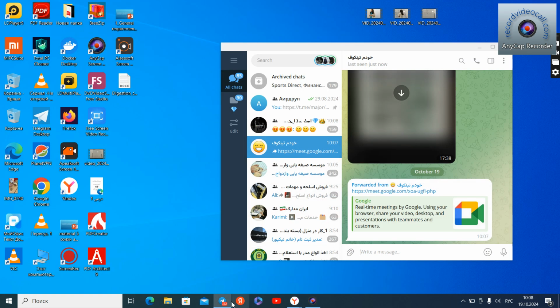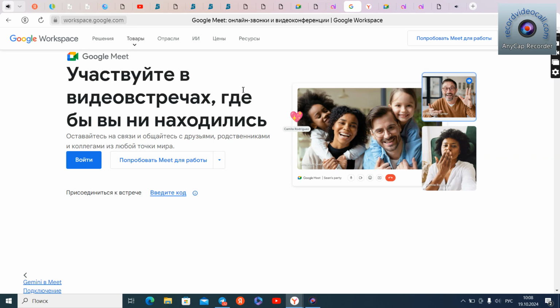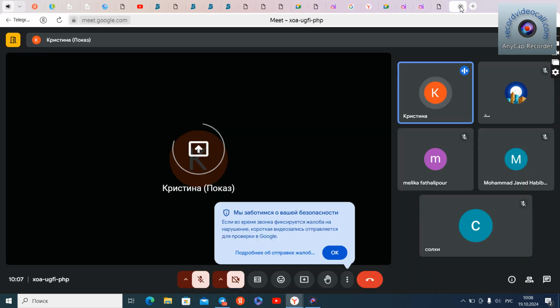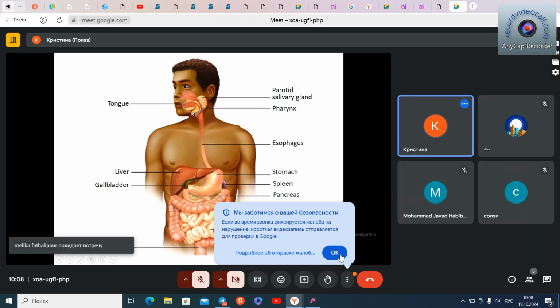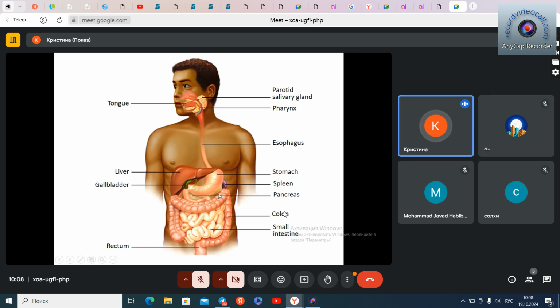And also the large glands are included in the digestive system. These are 3 pairs of salivary glands which produce saliva, the liver which produces bile, and the pancreas which produces enzymes for the digestion process. Today we will discuss the supradiaphragmatic part of the gastrointestinal tract.